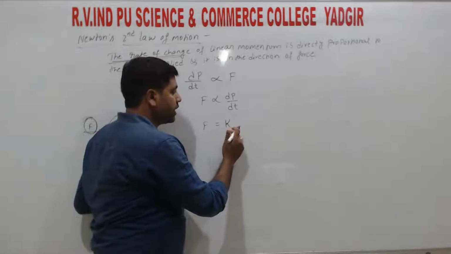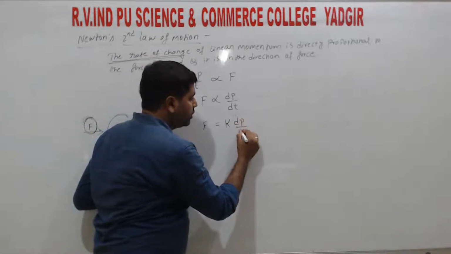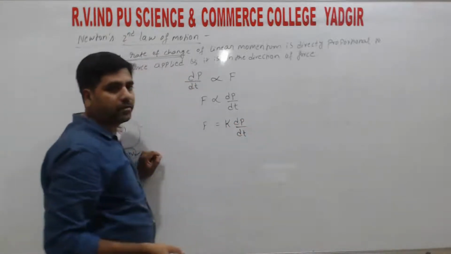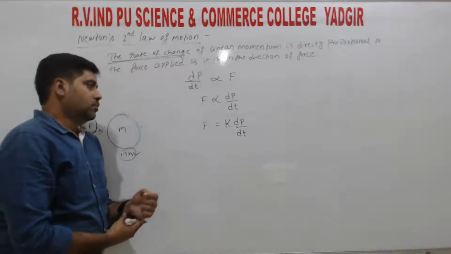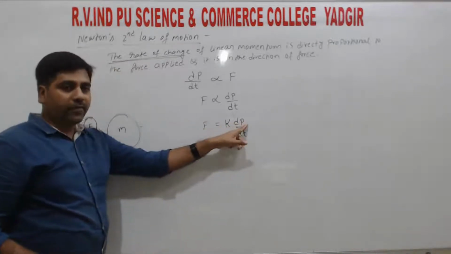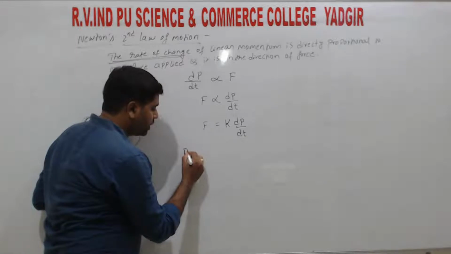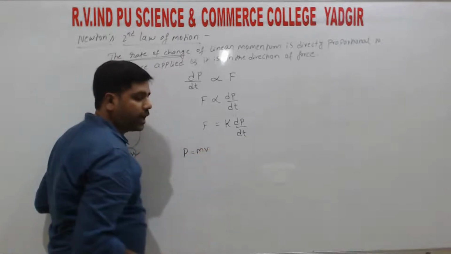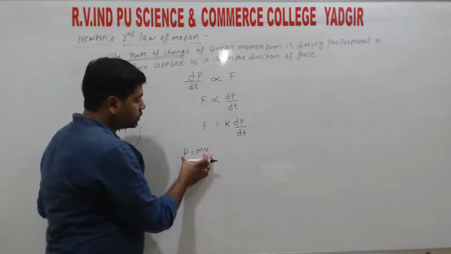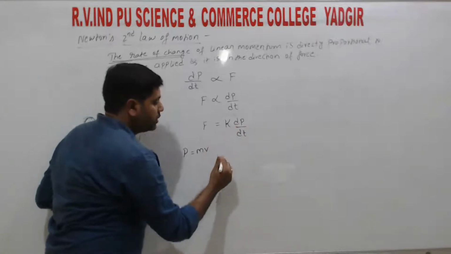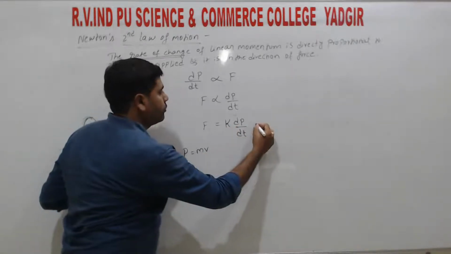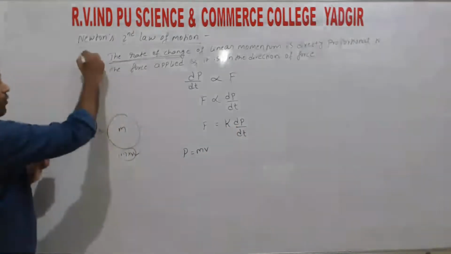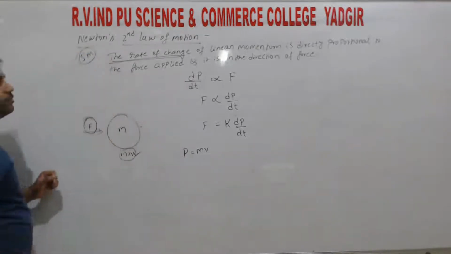So F is equals to k into dp by dt, right? So from the definition, momentum p is equals to m into v, right? So substitute momentum in this equation, right? So this is very important for 5 marks, right?